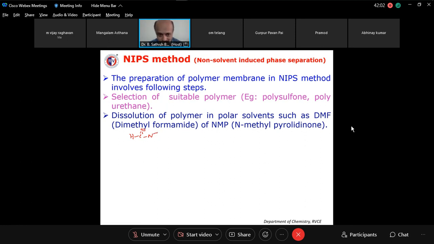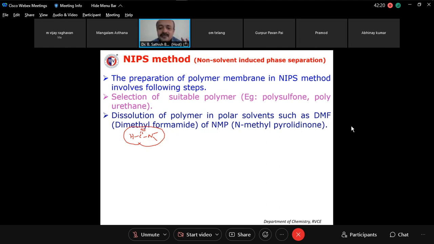This is called N,N-dimethyl formamide, or in general dimethyl formamide. It is a very good, very polar organic solvent, and it is miscible with water. The moment you add water to it, it will mix, or it is soluble in water.